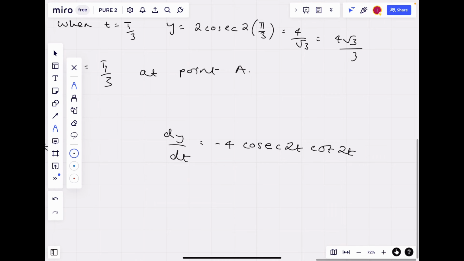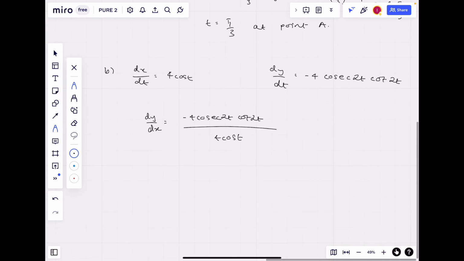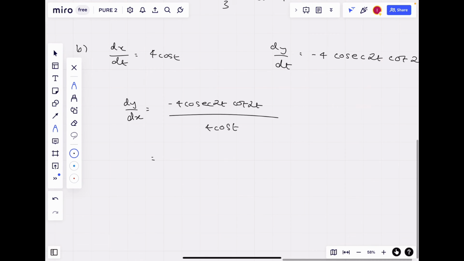Okay. dy by dx will be dy by dt divided by dx by dt. Like this. Okay. You can divide by the 4s. So minus cosec 2t cot 2t all over cos t.